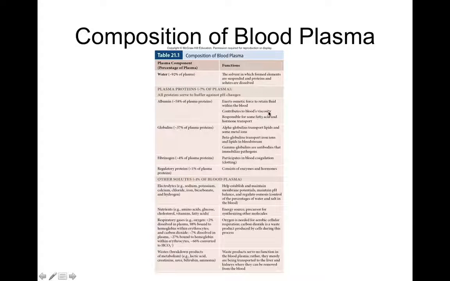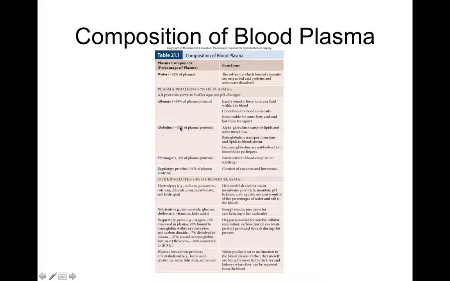Now, it does play a role with blood's viscosity or stickiness, and it is involved with hormone and some fatty acid transport. But one of albumin's main functions is to retain fluid in your blood because it exerts an osmotic driving force. Now, we'll come back to this in a few chapters when we talk about blood vessels, but for now, just think albumin exerts an osmotic force or water attracting force inside your blood.